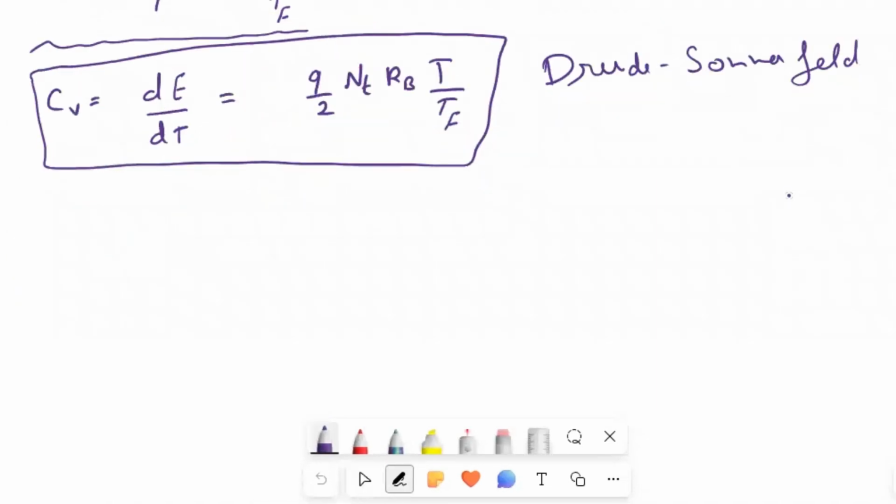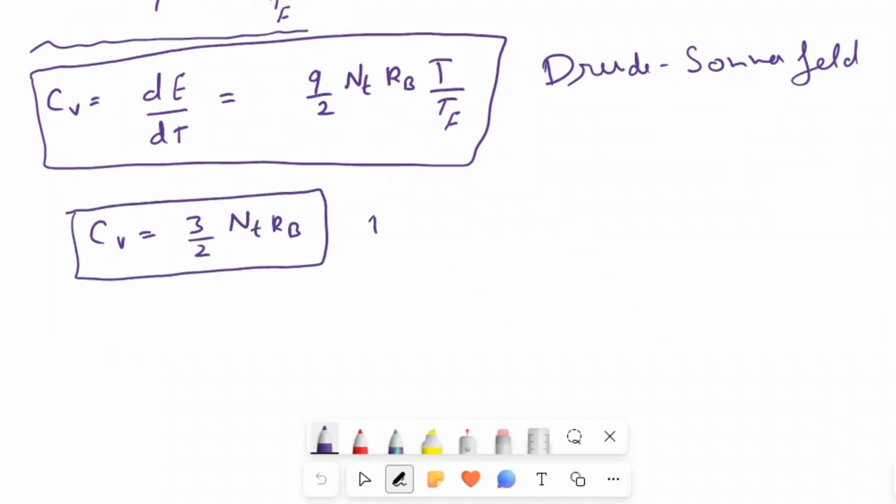And the formula estimated with only the Drude model, when the electron was considered as a classical particle, was N kB. As we have mentioned multiple times, the Drude model was overestimating the specific heat capacity by an order of 2.